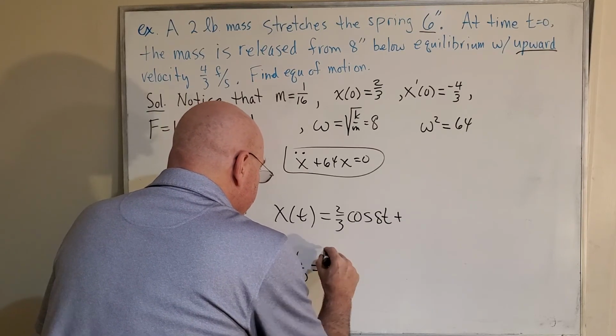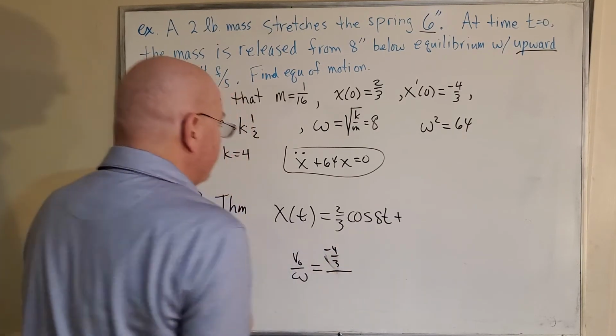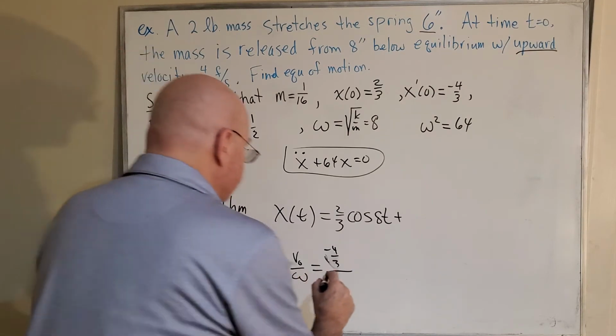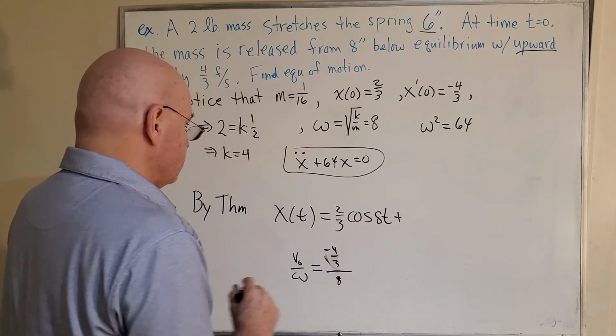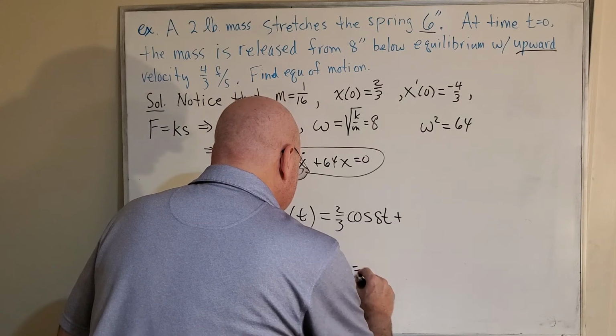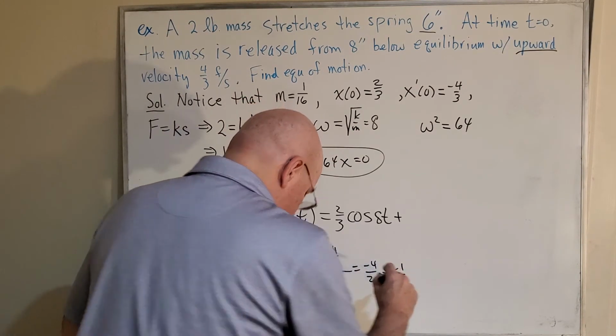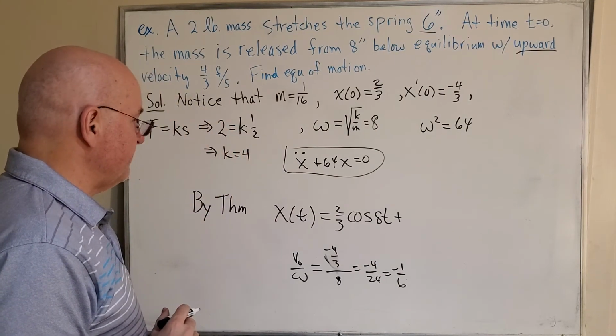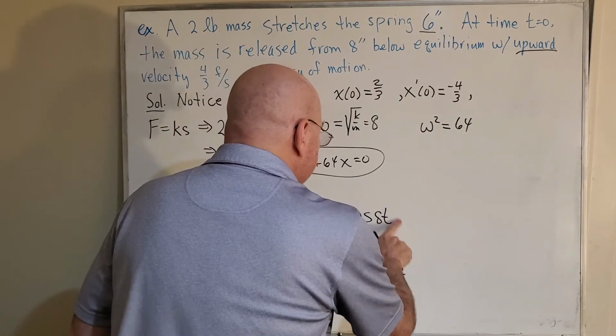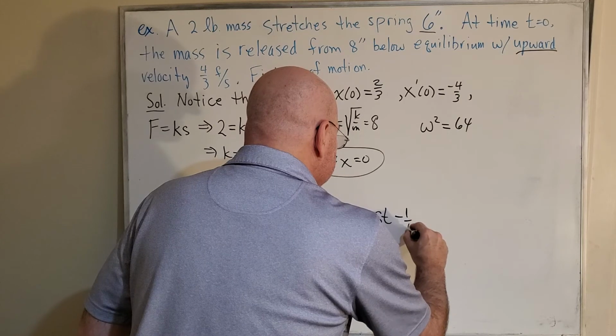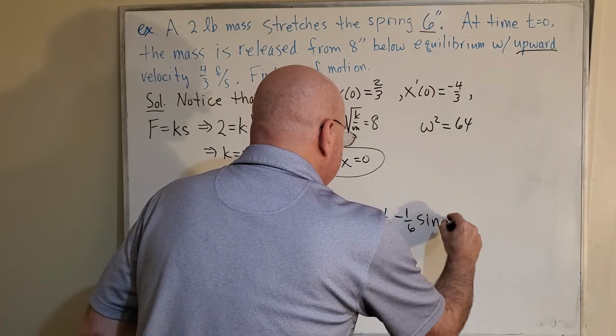The initial velocity is negative 4/3, over omega, which was 8. So that's going to be equal to negative 4 over 24. I got negative 1/6, and that's correct. So that's going to be a minus 1/6 sine 8t.